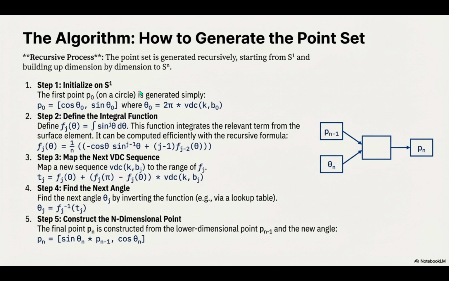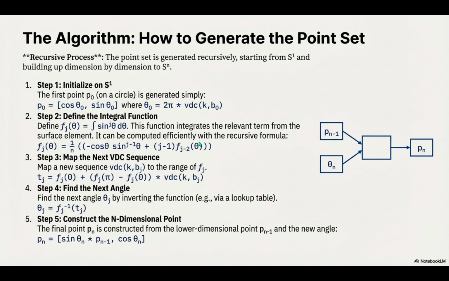The algorithm doesn't try to solve the whole thing at once. So instead of trying to tackle the whole n-sphere, you start small and build your way up. Precisely. You initialize the points on the lowest dimension, which is S^1, a simple circle. Then you iteratively add one dimension at a time. You go from the point in n dimensions to the new point in n+1 dimensions.